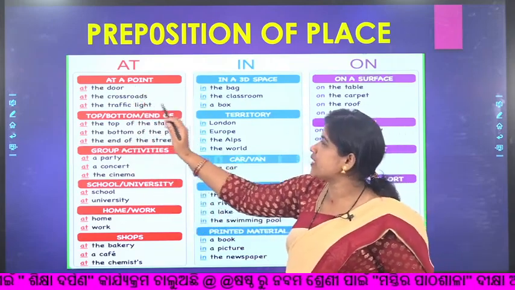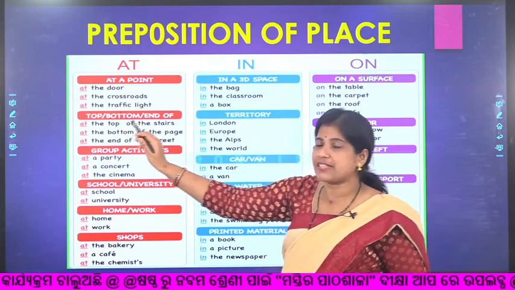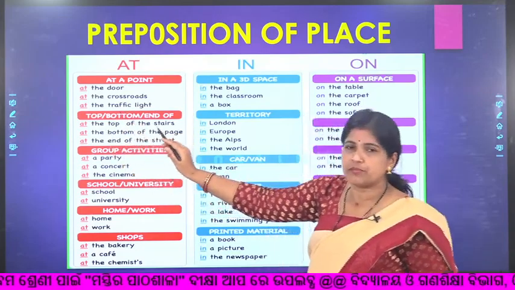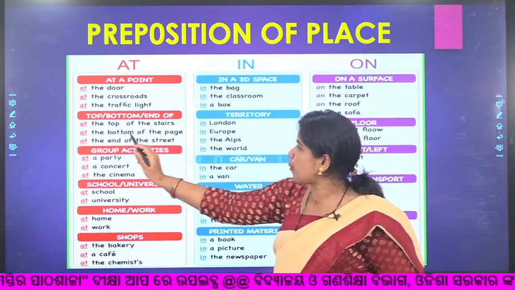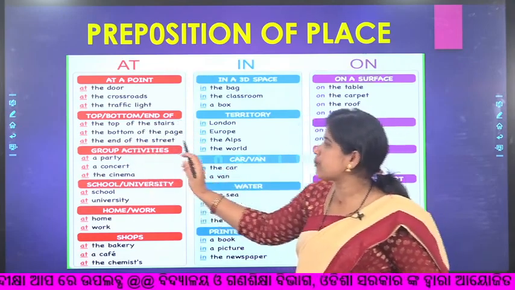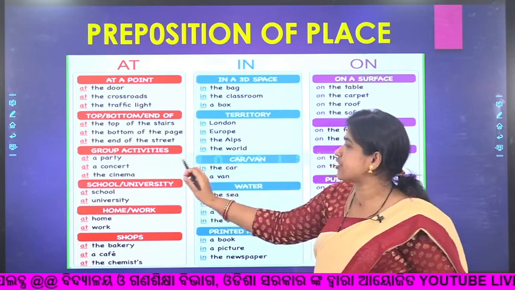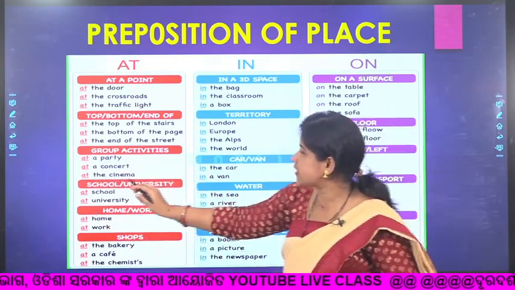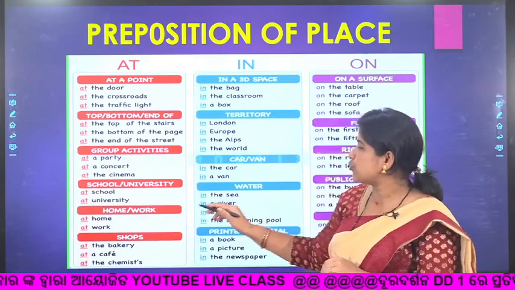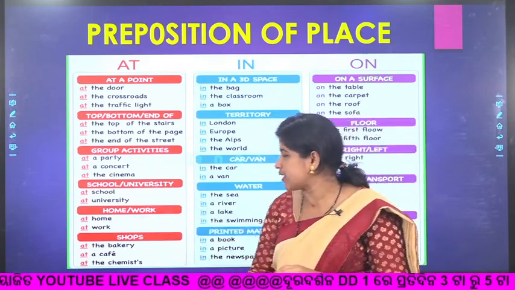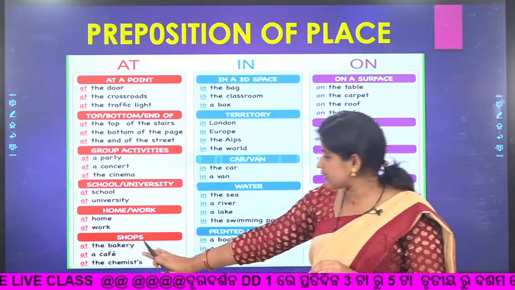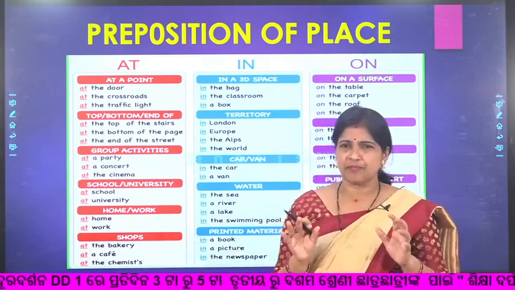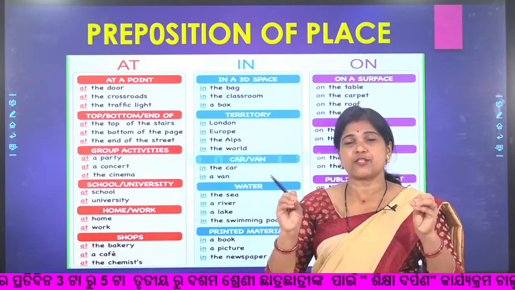So at the door, at the crossroads, at the traffic light, or at is also used for top, bottom or end of: at the top of the stairs, at the bottom of the page, at the end of the street, or for different activities like at a party, at a concert, at a cinema, or at school, university, at home, at work, or for shops, at a bakery, at a cafe, at a chemist. So these are very specific.